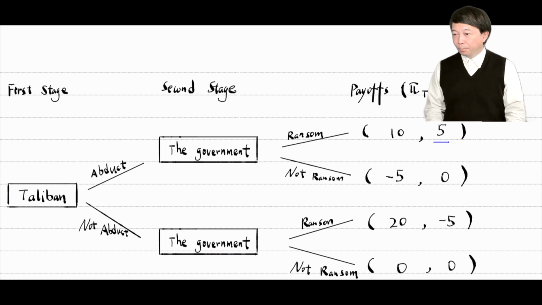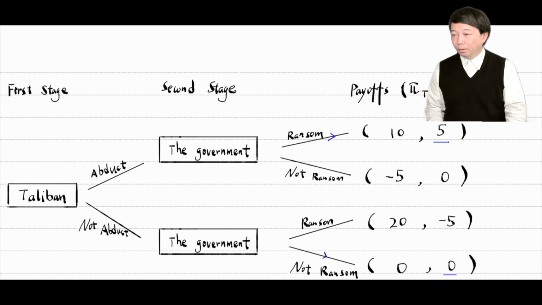We underline its payoff 5 and add an arrow on the path. Given that the Taliban does not abduct, the government's best response is not to ransom. We underline its payoff 0 and add an arrow on the path. Next, we figure out the Taliban's decision in the first stage, given the Italian government's responses.